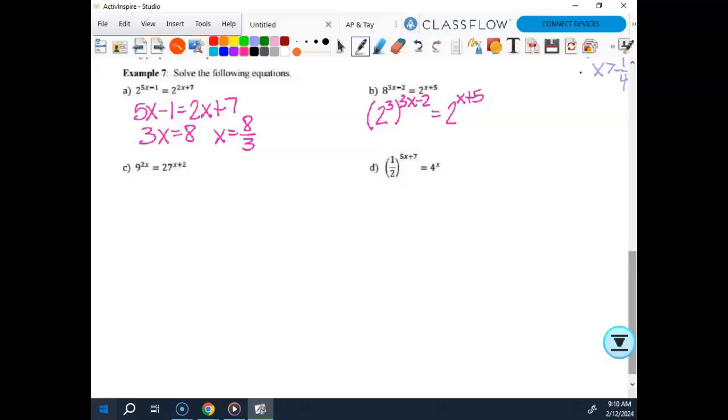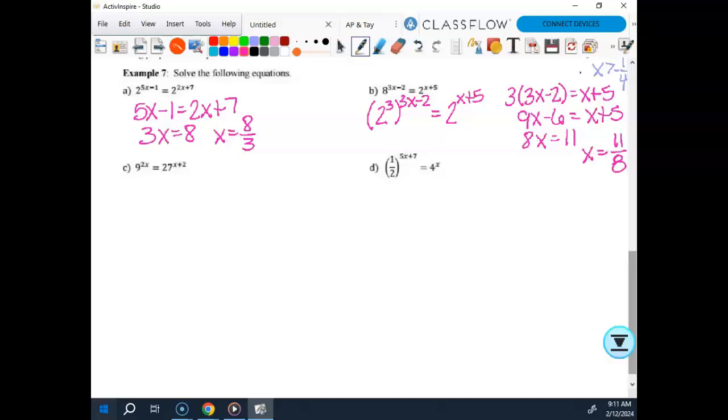This is my power to a power rule. So when I take them out, this gives me 3 times 3x minus 2 equals x plus 5. So that's 9x minus 6 equals x plus 5. 8x equals 11. x equals 11 over 8.